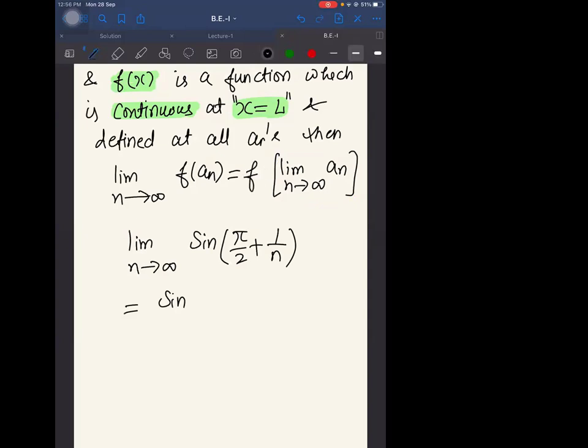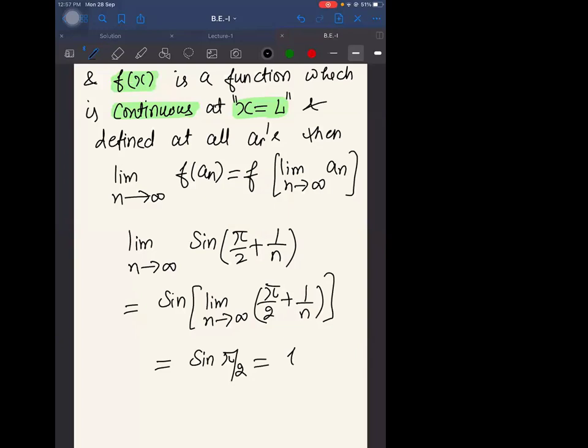Since sine is a continuous function, we are able to do this. Every time it may not be true. So now we can write it as sine pi by 2, that is 1. This is just one result, to keep in mind that this may not work every time.